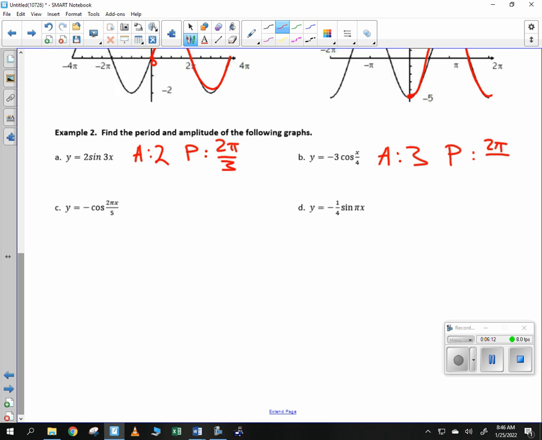Close, 1 over 4. 1 over 4 is the number in front of x. Okay, it's a 1/4. So how do I do 2 pi divided by 1/4? What's the reciprocal? 4. So you get 8 pi is the period.